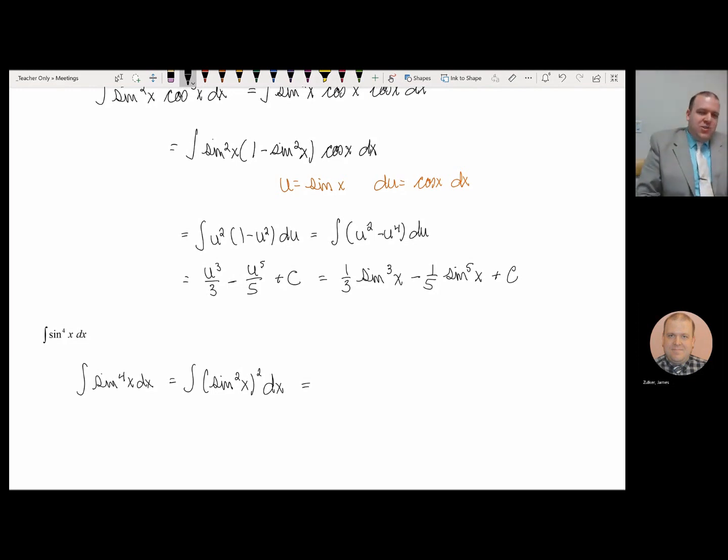But sine squared can also be reduced using the power reduction identity. Right, so 1 minus cosine 2x over 2 all squared.